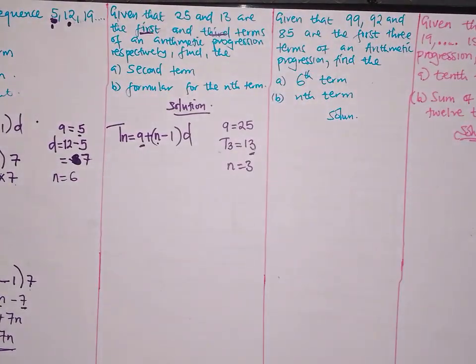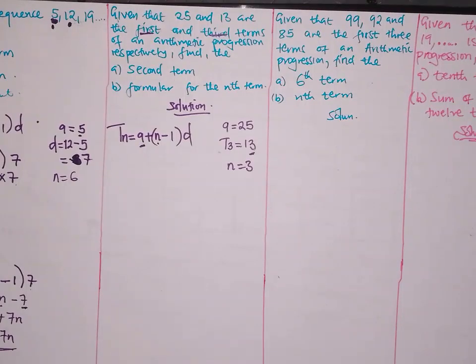Since we have all three values, we can find the common difference, which we can use to calculate the second term. So this is how simple questions are if you are paying particular attention. What you need to know is just the formula.